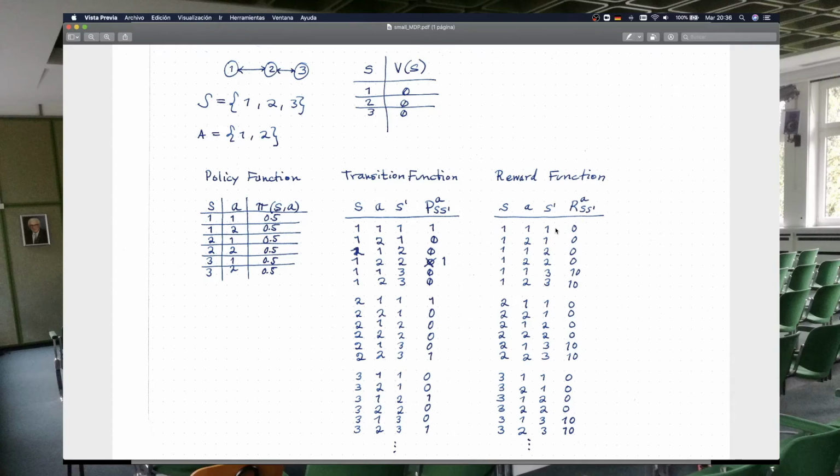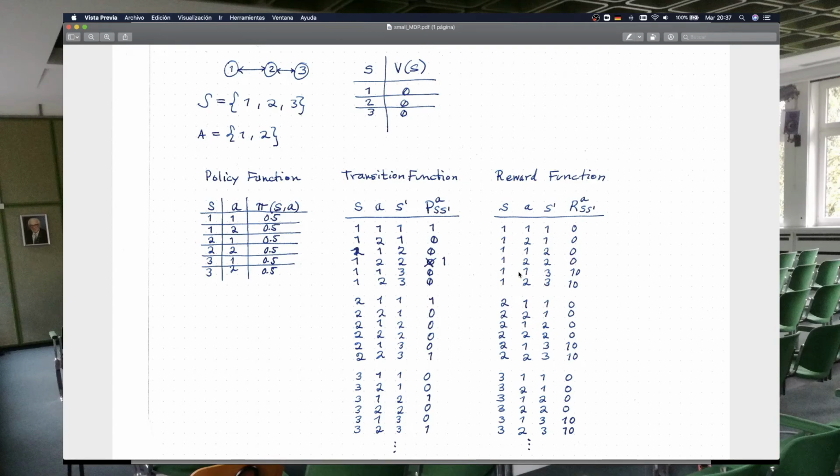Okay, in this case I am assuming that the goal state is going to be state 3, and I created the reward function in such a way that if the agent enters state 3, the agent gains a reward of 10. Okay, otherwise it gains always 0 points.